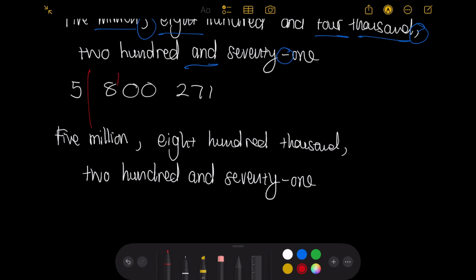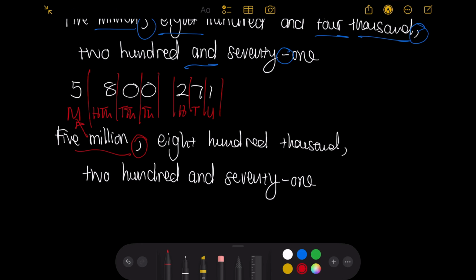That's of course how you would express that, right? Because once again, this is millions, this is hundreds of thousands, this is tens of thousands, hundreds, tens, units. Then of course this million has to be represented there.